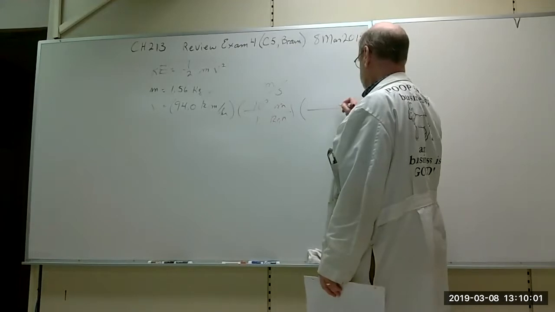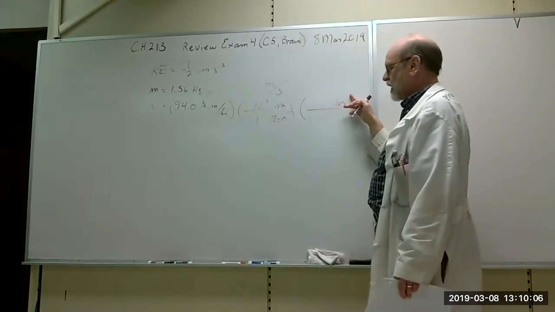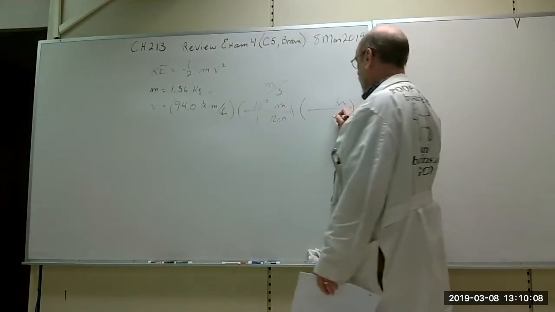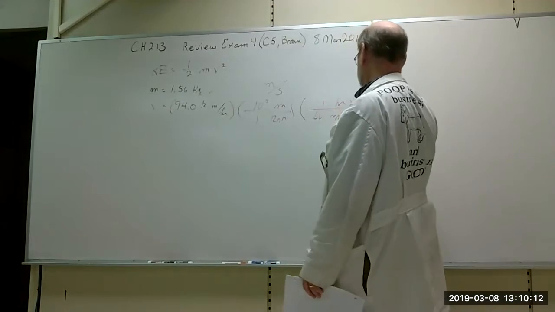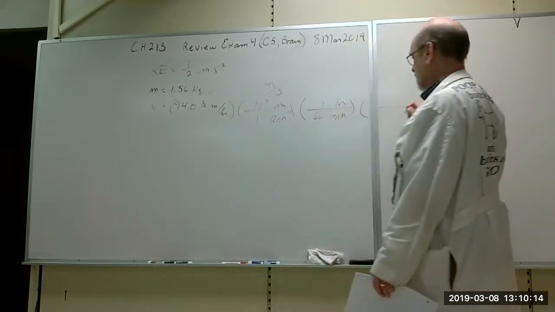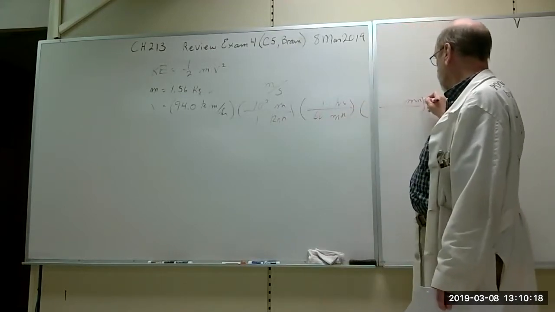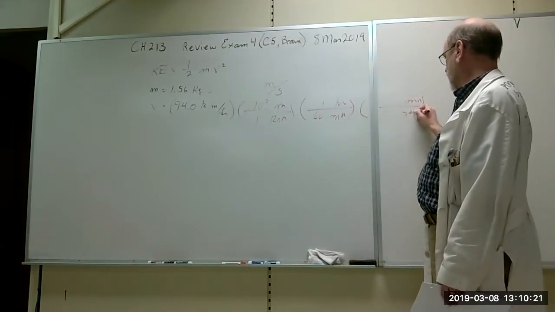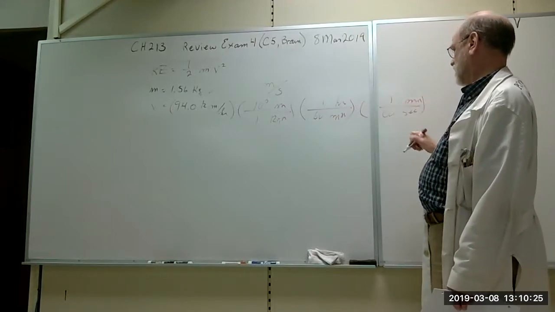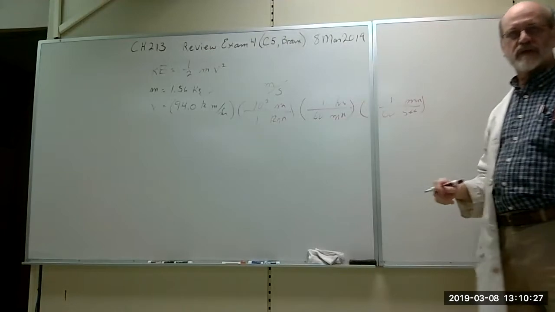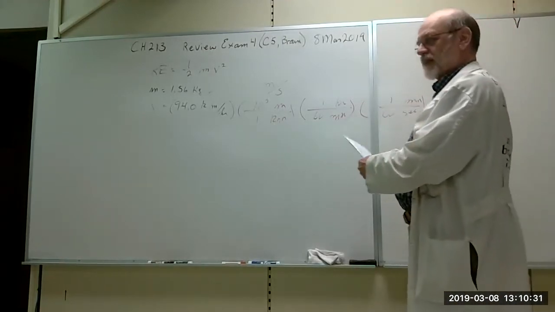And since hours is in the denominator, it needs to be in the numerator here to get rid of hours. So I know minutes, like 60 minutes in an hour. And then we want to get rid of minutes, so it goes up here and make it seconds. So 60 seconds in a minute. Oh, 3,600 seconds in an hour for future reference.